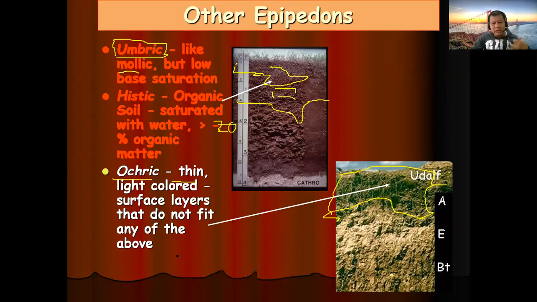Hindi siya ochric, hindi histic, hindi mollic, hindi umbric. Then it must be an ochric. Okay. So we have an example in here. So the name of the soils, we have the Udalf. So ang soil moisture regime nito is udic and belongs to the order Alfisol. So we have to deal with that clearly in the next topic.